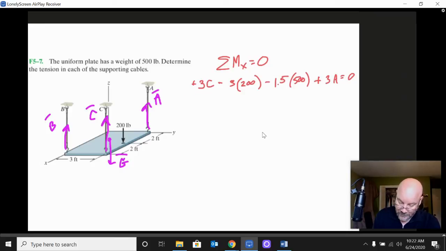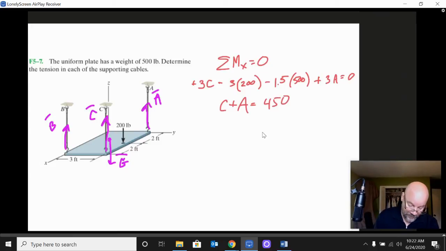So let me get rid of that right there. I've got that simplified. Once you simplify that equation, what you end up getting is C plus A is equal to 450.